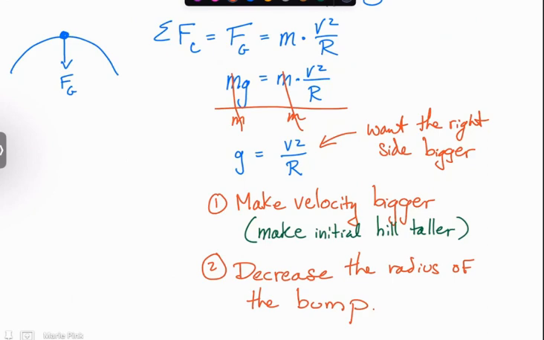Yes, the district office speed bumps. That's exactly what they're like. Yeah, exactly. So if you make the radius smaller, you have to go really slow to get over it without flying off your seat. So those are the 2 answers.